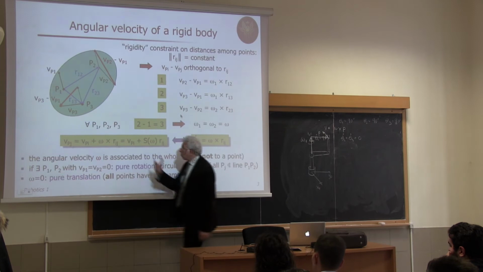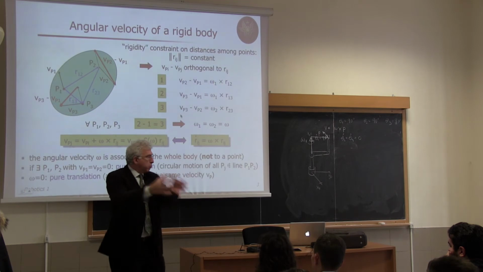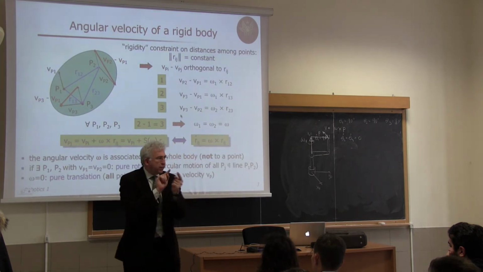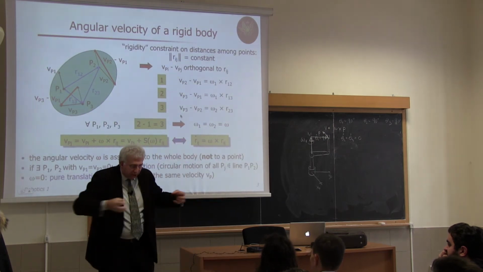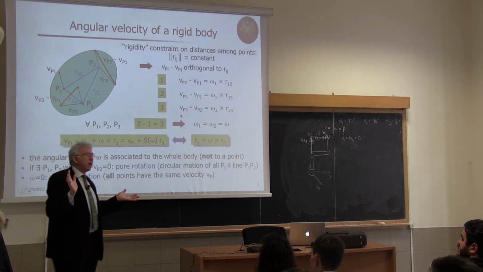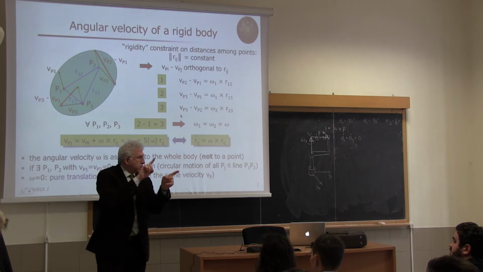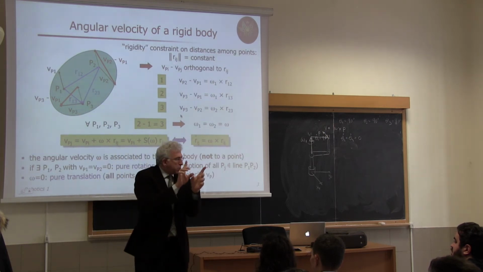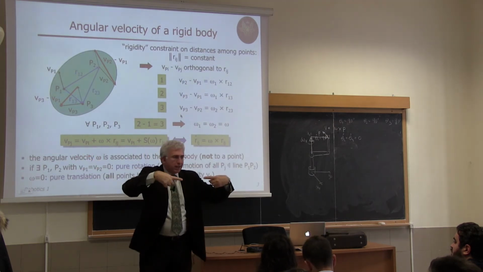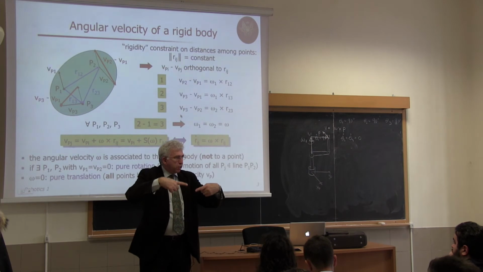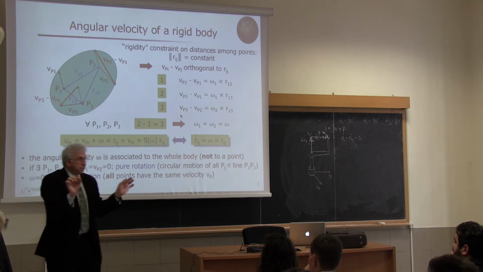Well, I should say why the rigid body constraint is important. Because if the body is rigid, no matter how you move it around, the relative distance between 2 points is the same. It cannot change. You cannot stretch or compress. Which means that while you're moving this body, all points have velocities, but these velocities have some constraint. They cannot go like this, because otherwise the distance would extend, or like this, because otherwise they would compress. So the velocity can only be orthogonal to the joining points.